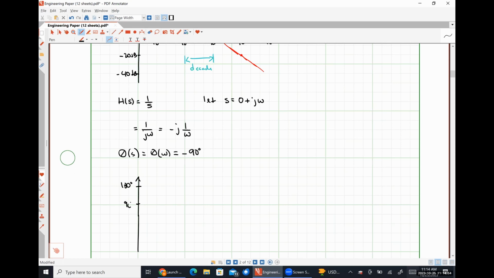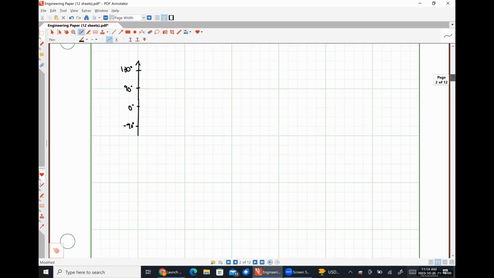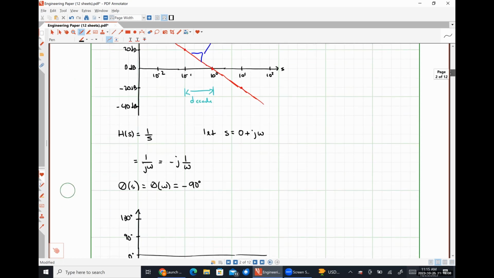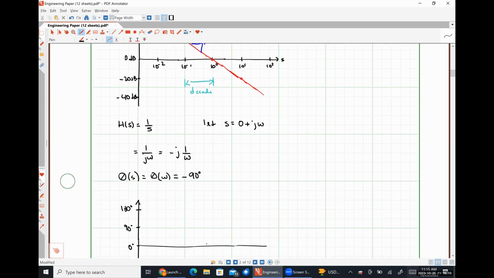I guess realistically, I don't need to go any further than that. And realistically, I would line up my frequencies to be the exact same spot.